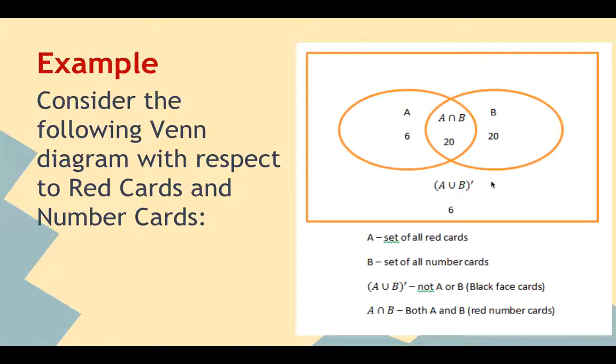Out here you've got the 6 that are neither red nor numbers, those 6 black face cards. We won't see this a lot, and it's not a big deal, but I wanted to label it something. The union is all 3 of these, and everything outside the union is that number 6. You can do this just by putting the number there; you don't actually have to label it. It is helpful to know that this is the intersection, though.